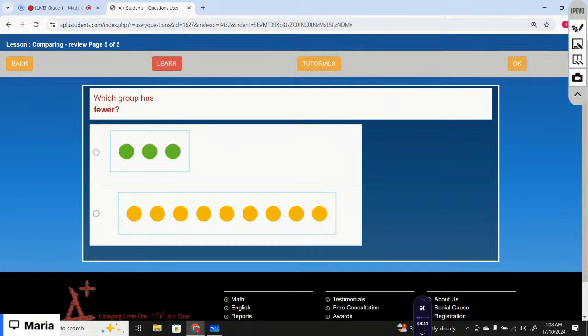Which group has fewer? Which is the correct option? That is green. Option number one is the correct option. Green has fewer dots than yellow dots.